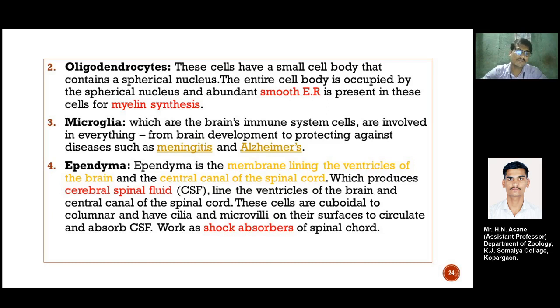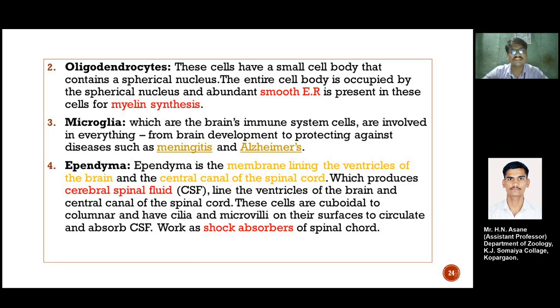The fourth main type of glial cells is the ependyma. The ependyma is the membrane lining of the ventricles of the brain. The membrane lining of the brain and central canal of the spinal cord is formed by these ependymal cells, which produce cerebrospinal fluid, shortly known as CSF.